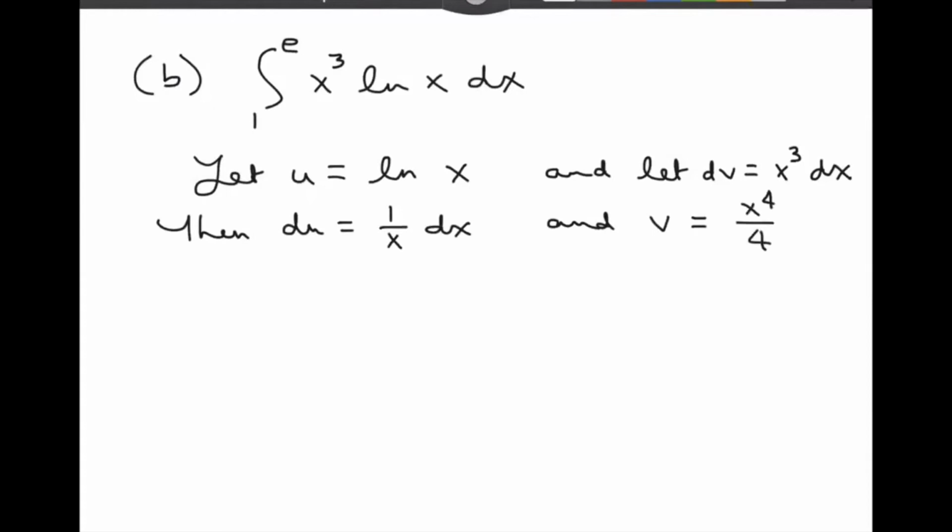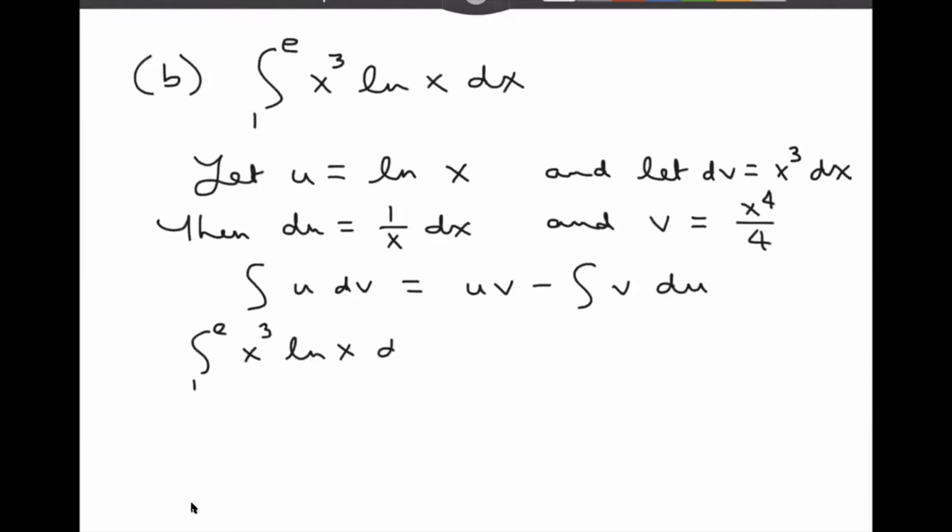So by the integration by parts formula, integral u dv is equal to uv minus integral v du. Okay, so we have the integral from 1 to e of x cubed natural log x dx.